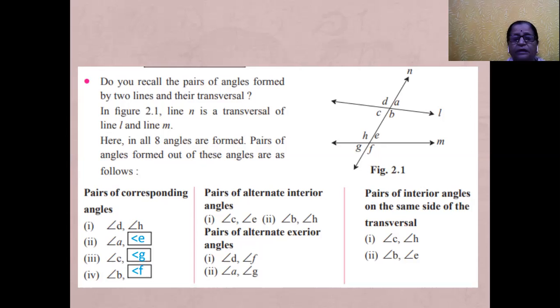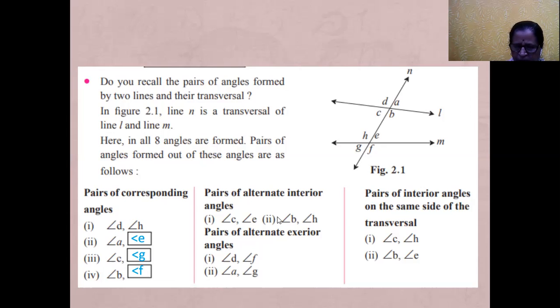Then the next pair we can see is the pair of alternate interior angles. Angle C and angle E are alternate interior angles, and angle B and H are also alternate interior angles.